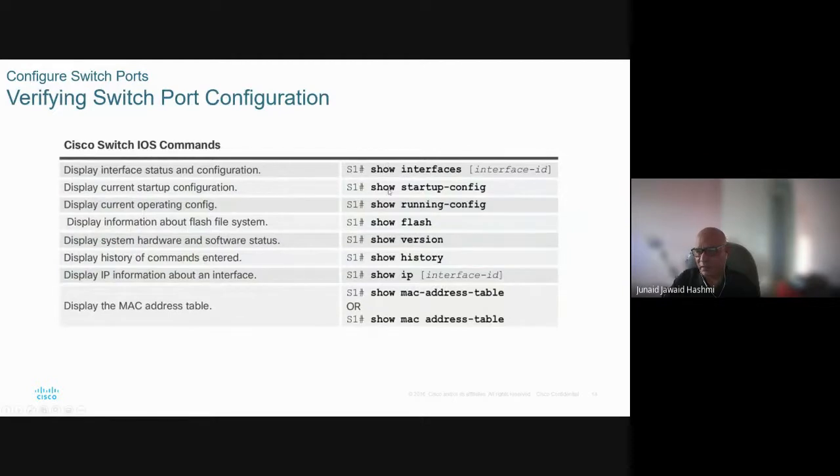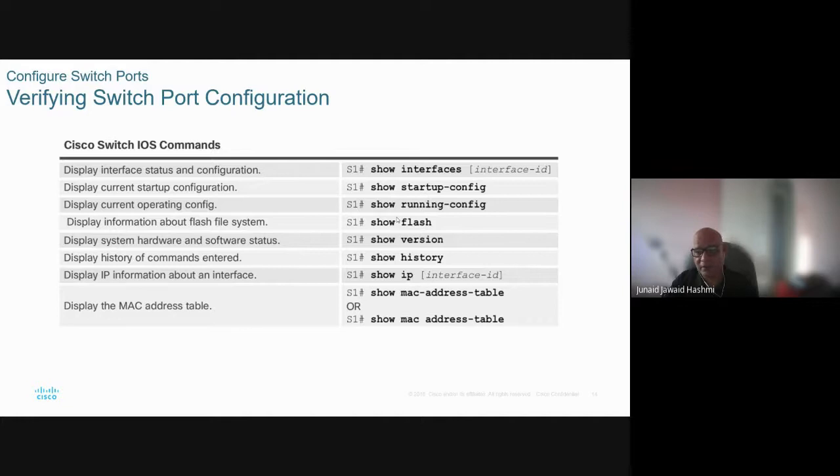So these are the commands that you can use to view your configuration, just like on a router: show interface, show startup config, show running config. Show flash will show you the content of the flash. Show version gives you a lot of information.